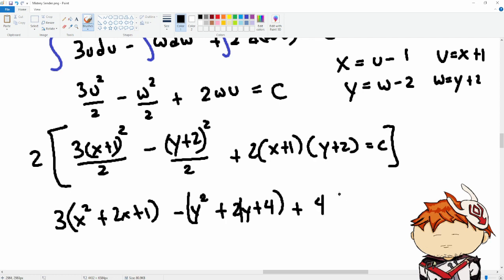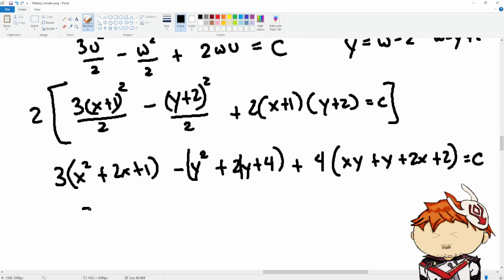Plus 4(xy plus 2x plus y plus 2) is equal to c.